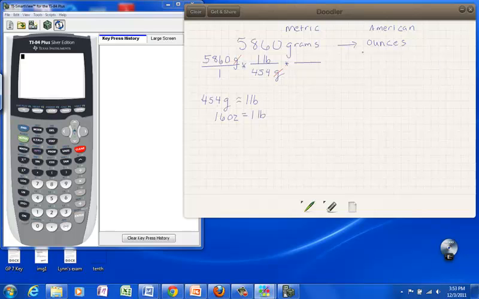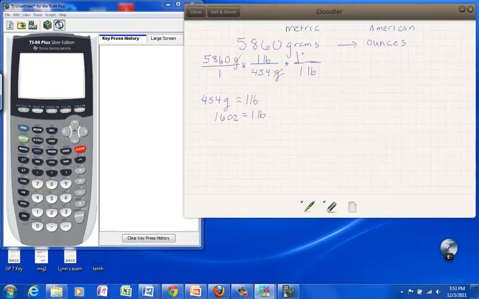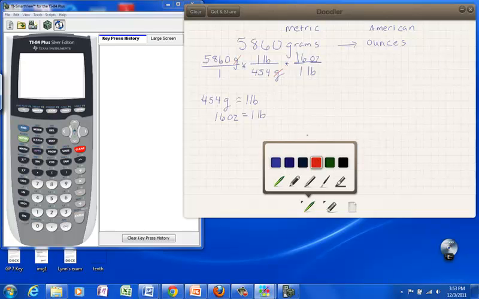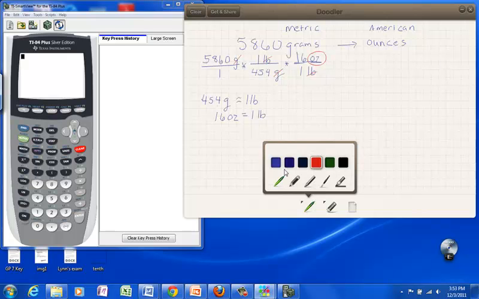Now I'd like to get to ounces, so I want to cancel the pounds. I'm going to use this conversion to get to ounces and put the 1 pound in the denominator so the pounds will cancel, and the 16 ounces in the numerator. Now I should be able to cancel the pounds, and the only units left are going to be the ounces, which is what I wanted to get to.